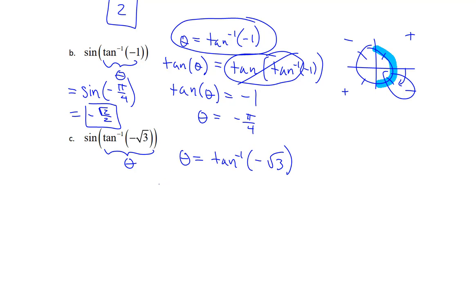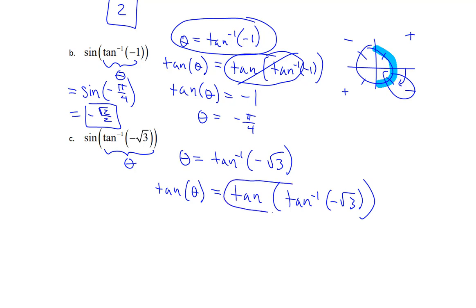So now I'm going to take the tangent of both sides of the equation, which means on the left we have tangent of theta. On the right, we're going to have tangent of the tangent inverse of -√3. Of course, conveniently, the tangent of the tangent inverse will cancel because of our cancellation property.